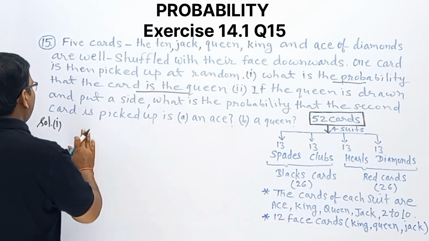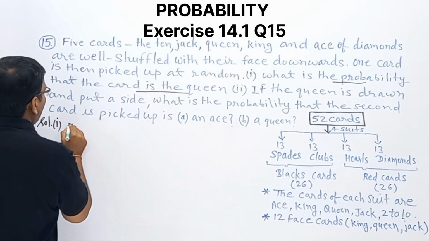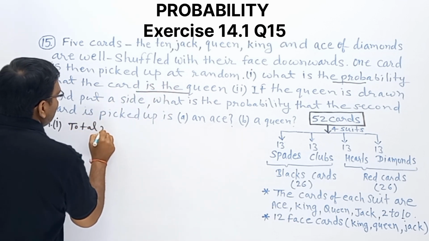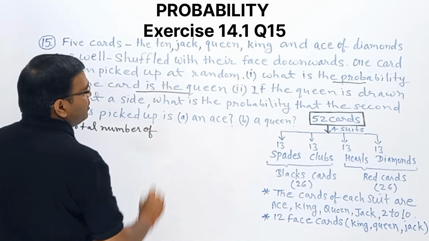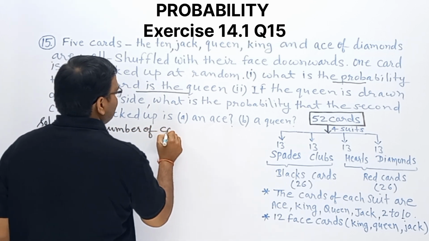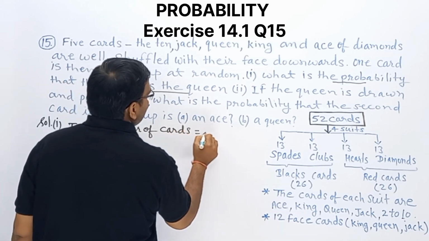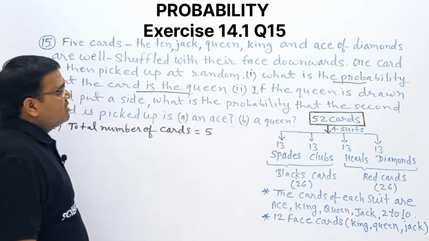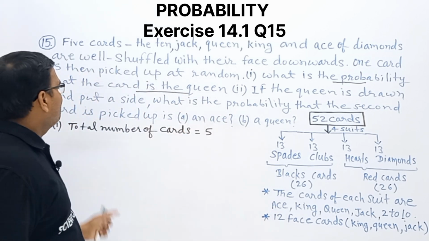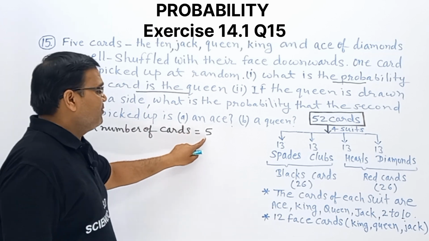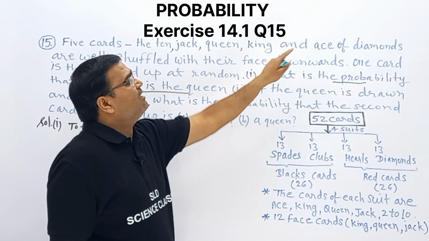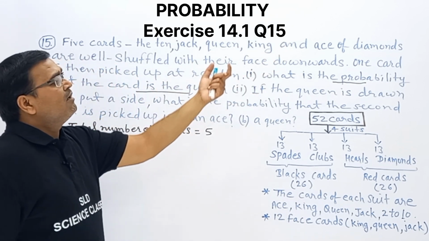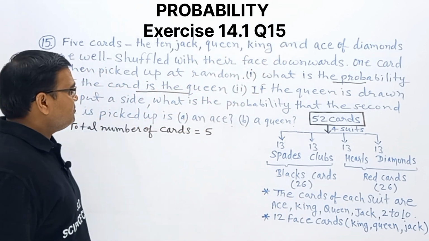So in the first one, the total number of cards is 5: 10, Jack, Queen, King and Ace, and these are diamond cards.